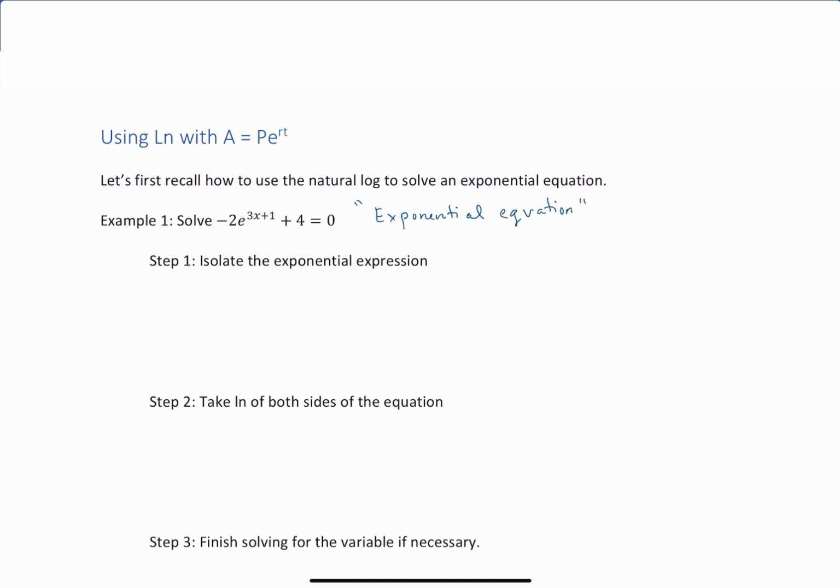Because the thing we're solving for, in other words, the variable, is in the exponent. So an exponential equation has the variable in the exponent. And I'm going to emphasize that what I really mean by variable here is the thing we're solving for.